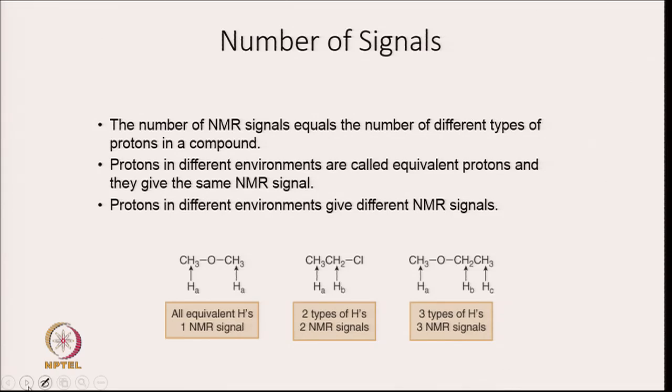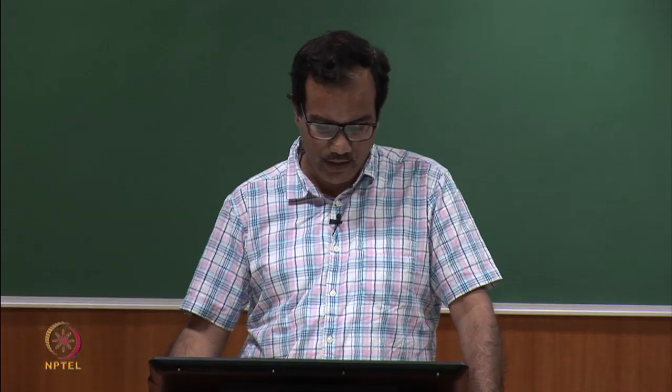Protons in different environments are called non-equivalent protons and they give different NMR signals, whereas protons in the same environment are called equivalent protons and they give the same NMR signal.